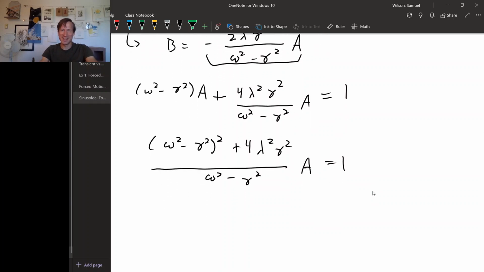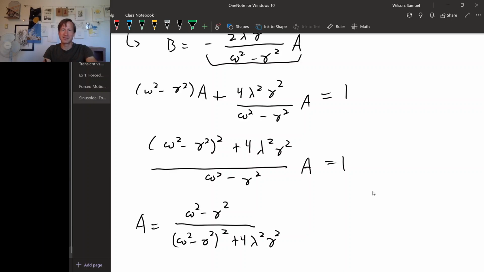So, finally, A is omega squared minus gamma squared over this whole mess: omega squared minus gamma squared squared plus 4 lambda squared gamma squared. Okay, B, right, we take our value for A and plug it back in up here. Fortunately, some things cancel, so it's not that bad.